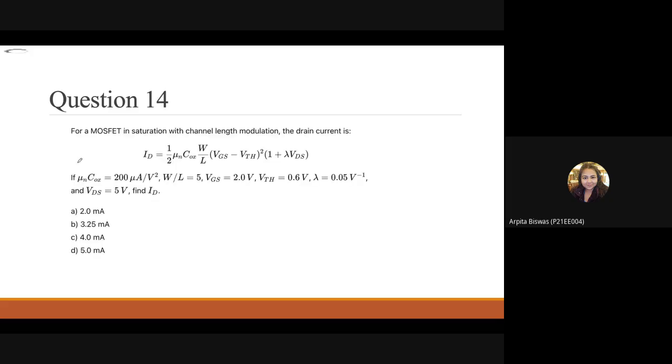Next, for the MOSFET in saturation with channel length modulation, the drain current is given, and all these values are given. So you have to find out the value of this ID.